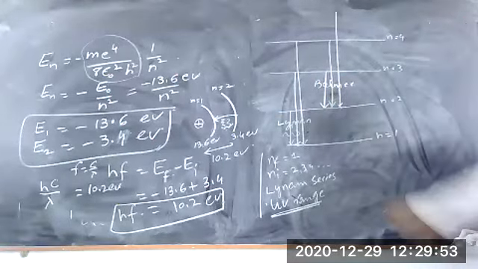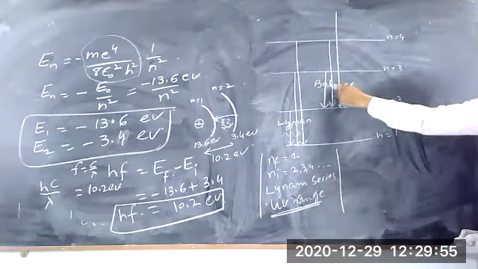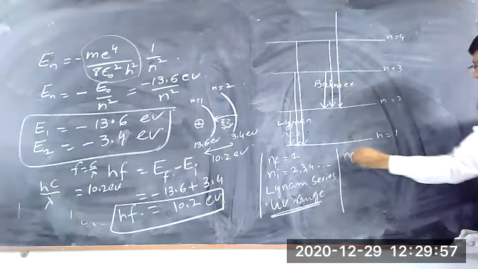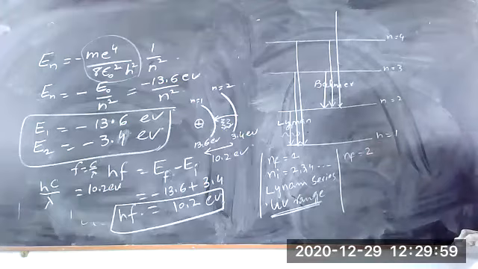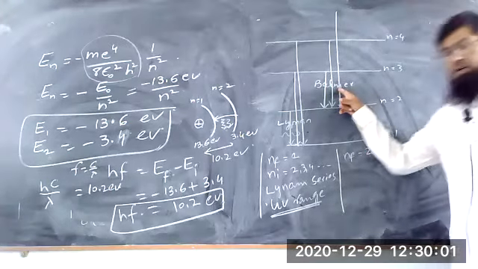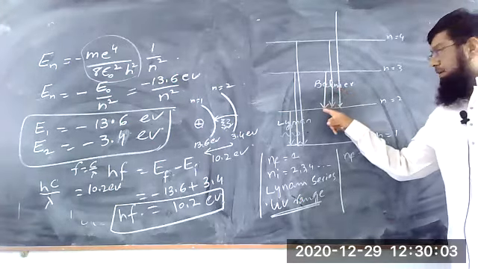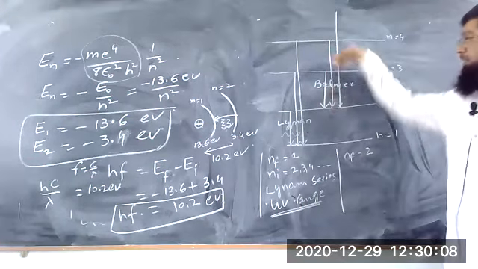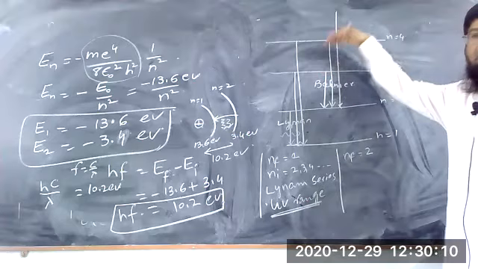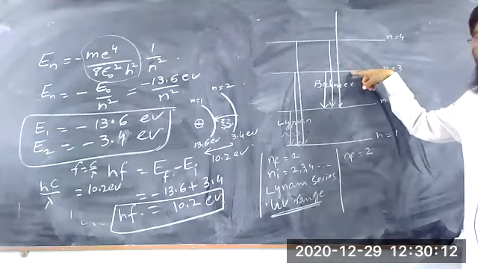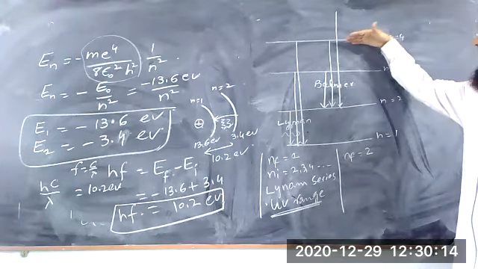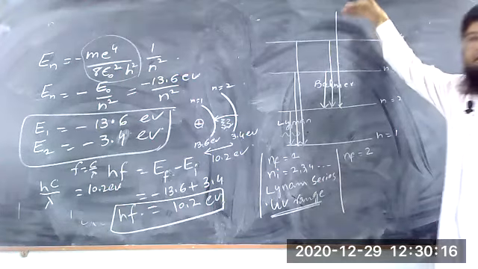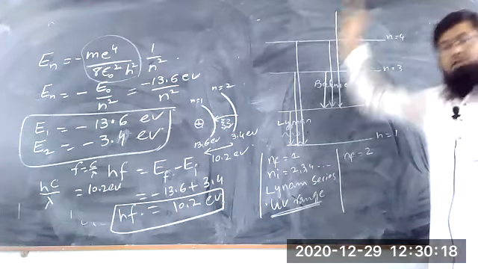In this Balmer series, the final level is equal to 2. The electron jumps into the final level n is equal to 2, and the initial level may be a higher level, n is equal to 3, n is equal to 4, n is equal to 5 and so on.